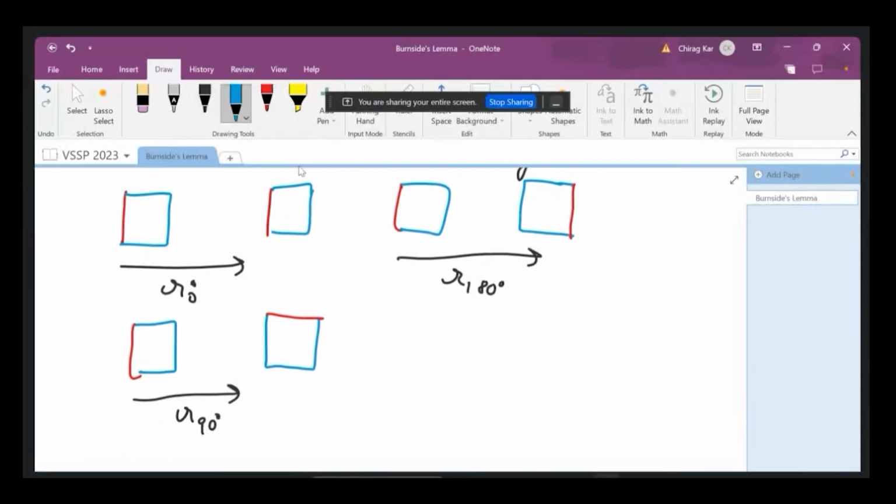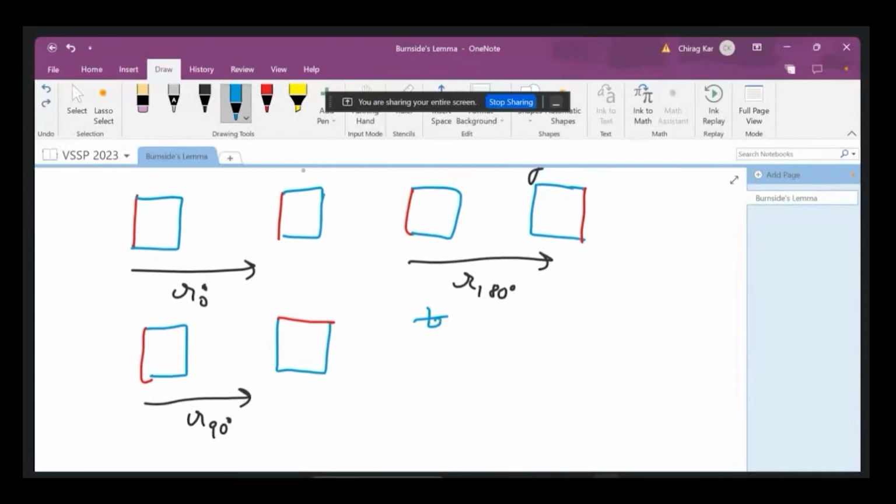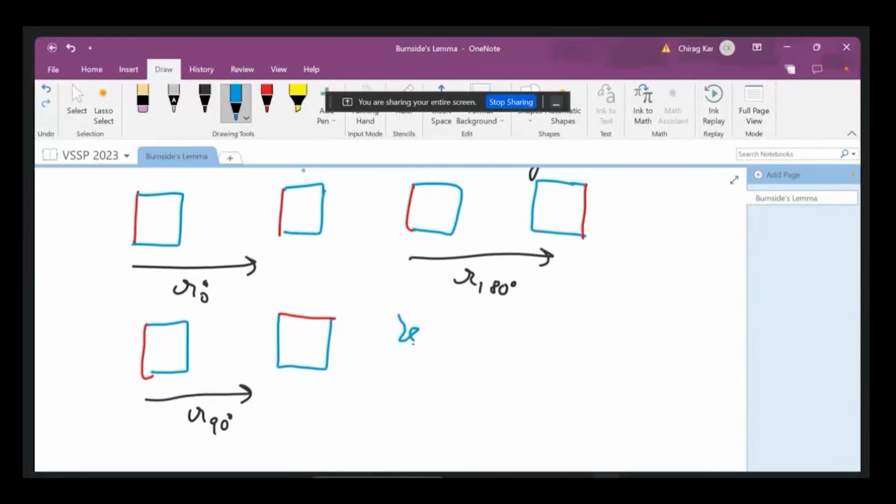And finally, we look at this one. This is the R270 degree rotation. Now in R270, this person over here goes to 1, 2, and 3, so it goes to the bottom. So I'm going to draw the bottom over here, and we have the rest like this.